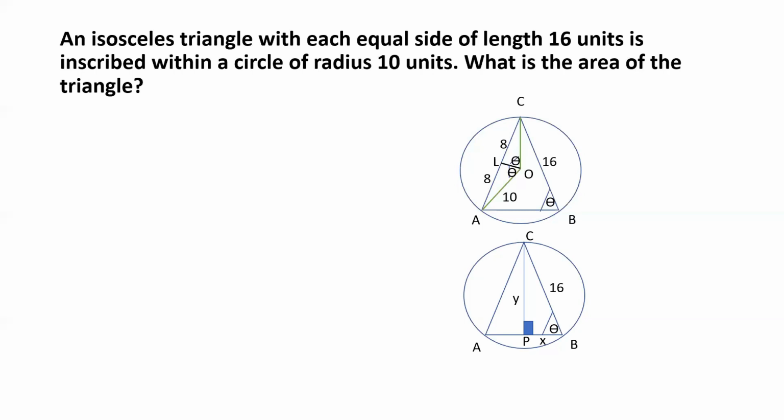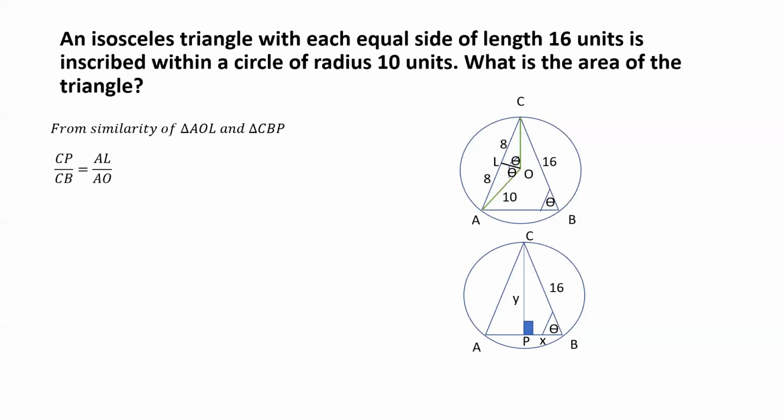Now consider triangle AOL from the first figure, and triangle CBP from the second figure. Their corresponding angles are equal: they each have a 90-degree angle, and another angle theta. So these two triangles are similar, and the ratio of corresponding sides will be equal.